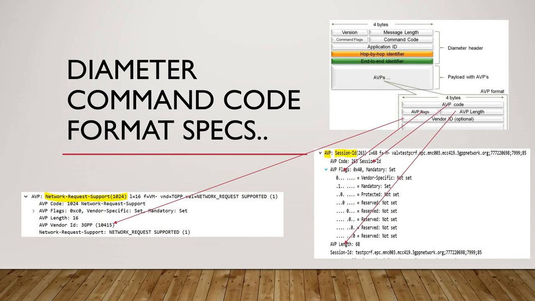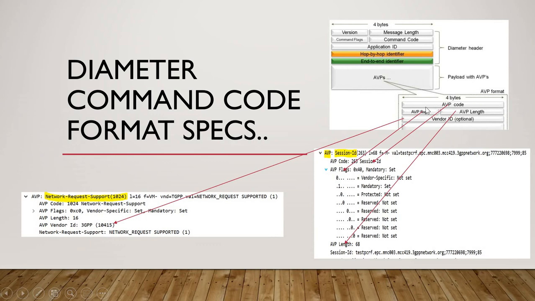That's why it is not opening in this normal Wireshark. Whereas if I go into that company, take their tool and open the TCP dump, it will definitely be visible. We'll not go deeper into the vendor ID part, but I will just show you how the AVP code and AVP structure look.